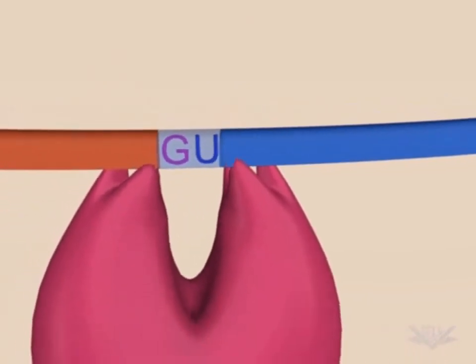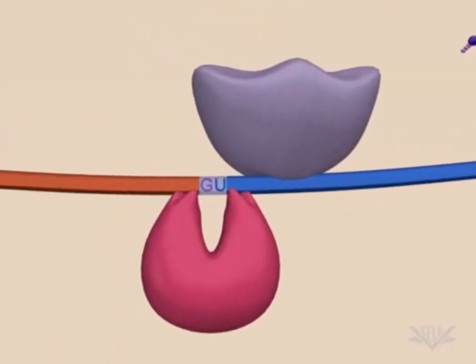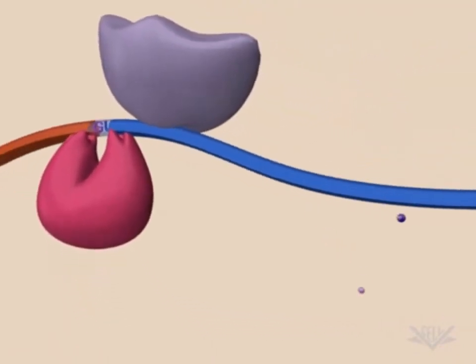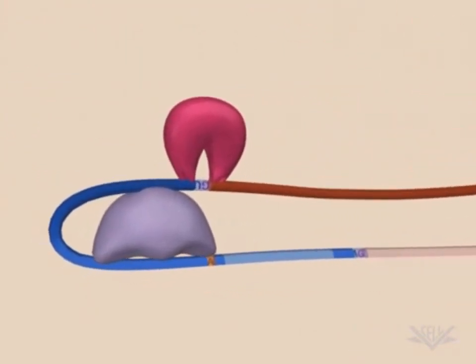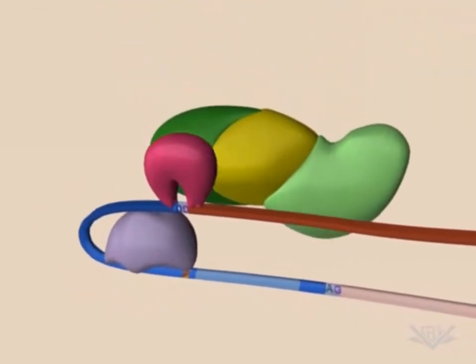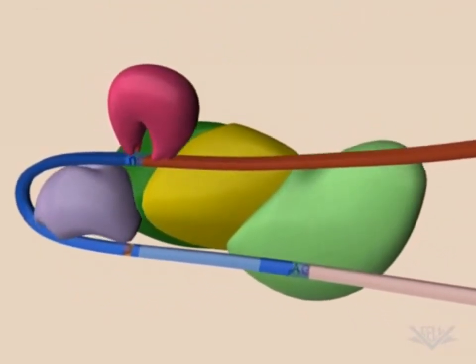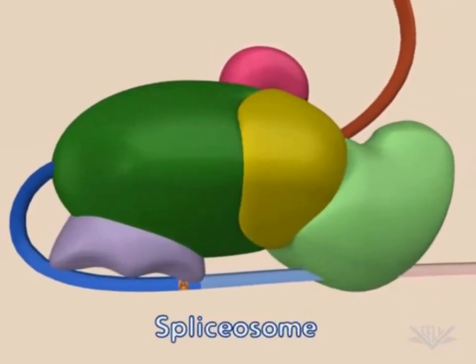The first step involves two complexes that bind near the GU sequence. The RNA is then looped, and 3 other protein RNA complexes bind. This final complex then undergoes a conformational change.